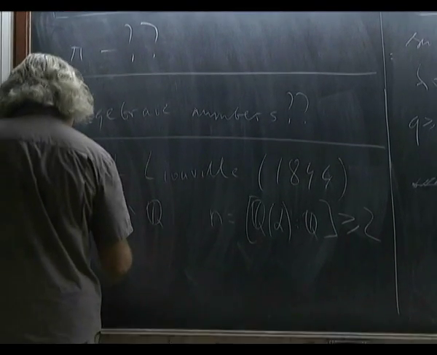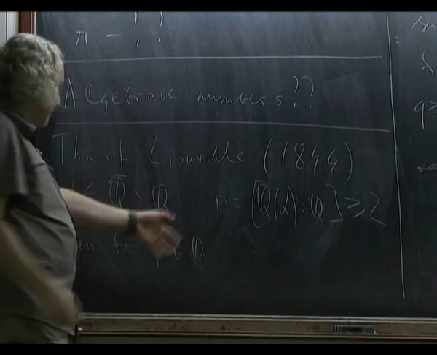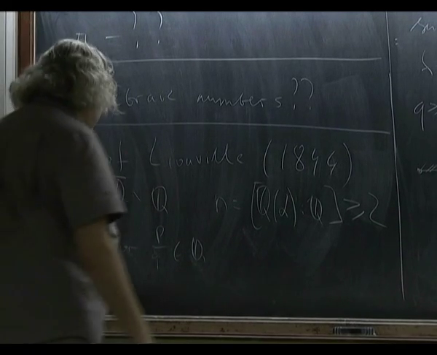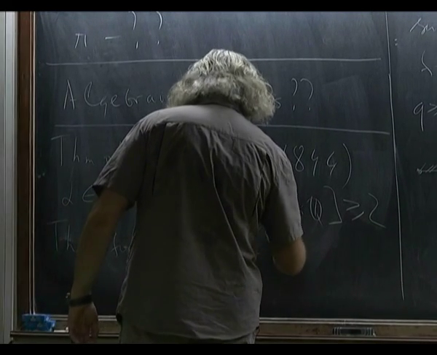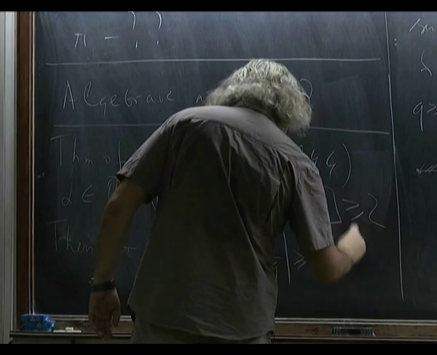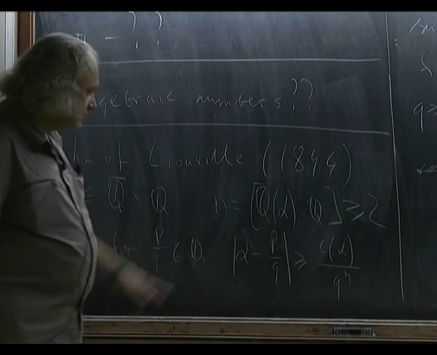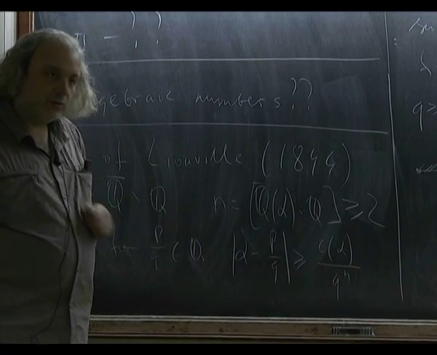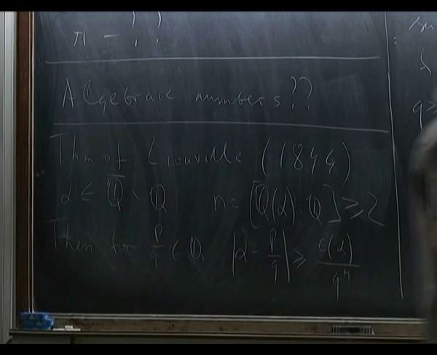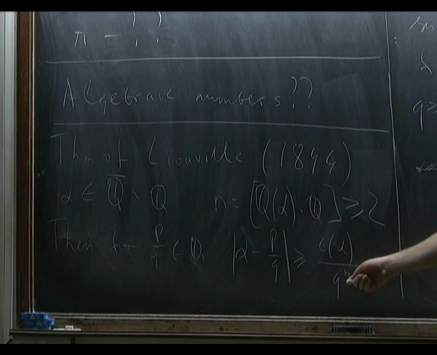Then for any rational number p over q, we have this inequality, with q to the exponent n. So one cannot approximate an algebraic number better than with an exponent equal to its degree.